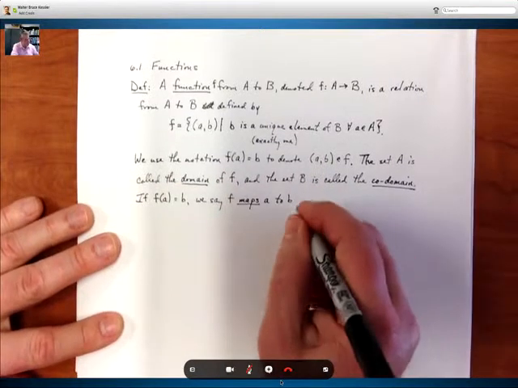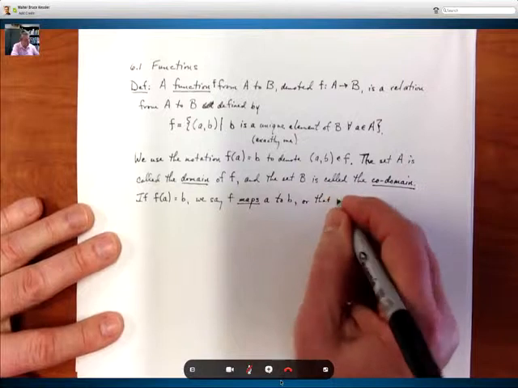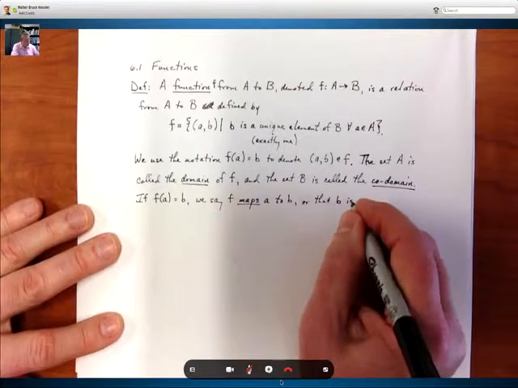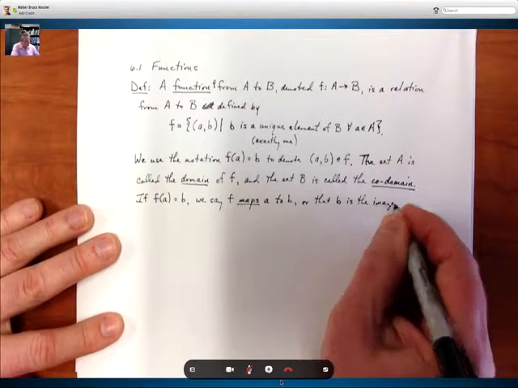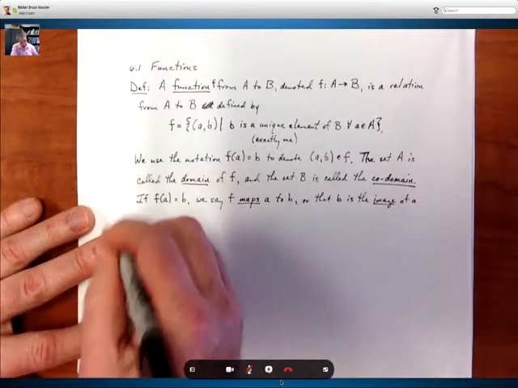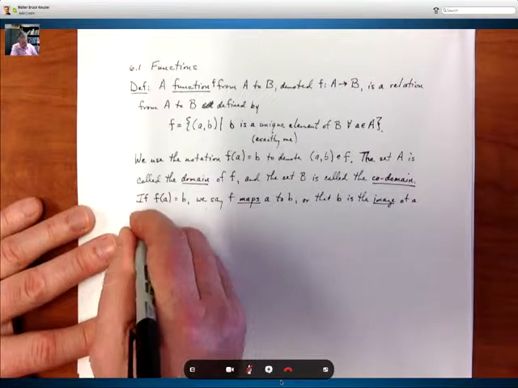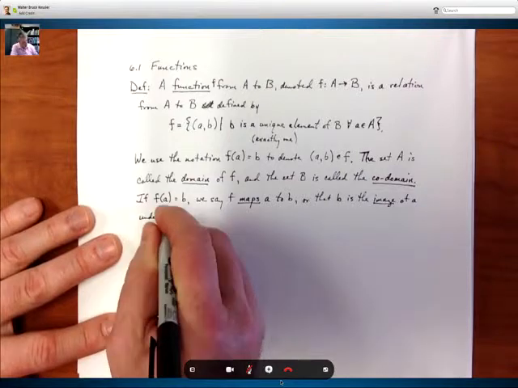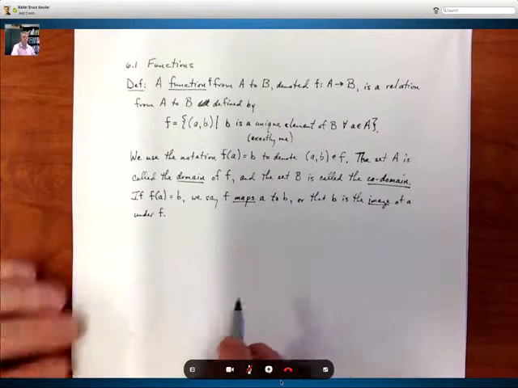You'll hear me say this occasionally. Or that b is the image of a under f. Okay, so a little bit more terminology for you there.